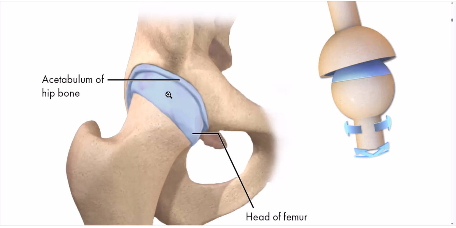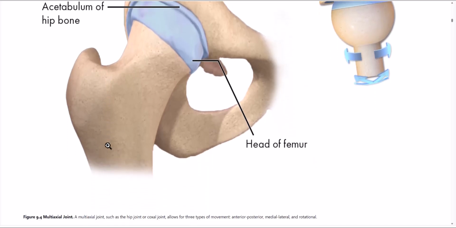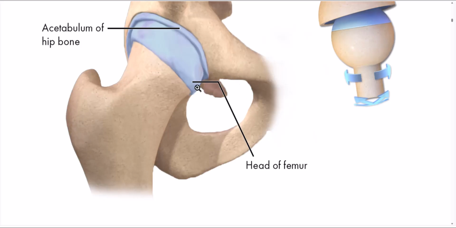Now, here we have the femur, and this narrow region that I'm putting my pointer over is the neck of the femur. This large process here is the greater trochanter. Over here, this big opening in the os coxa is the obturator foramen.